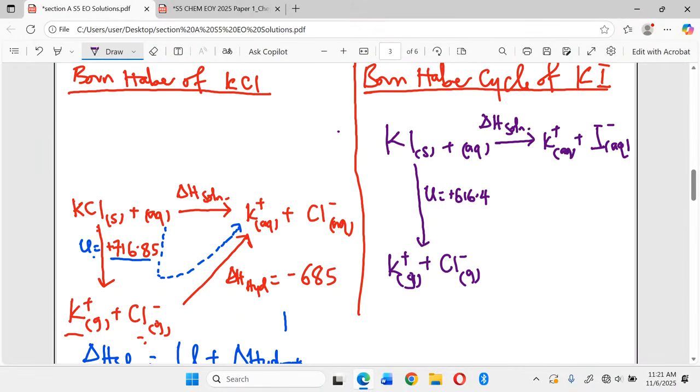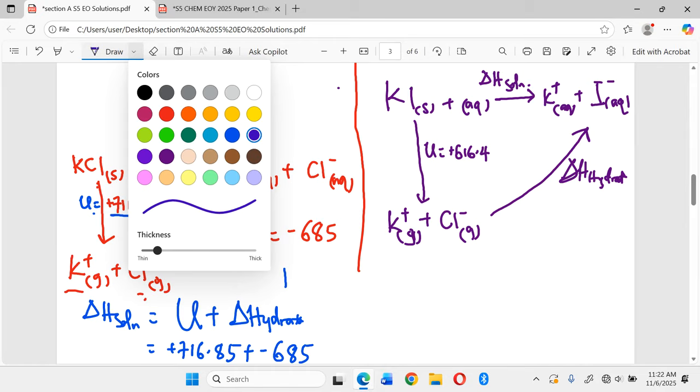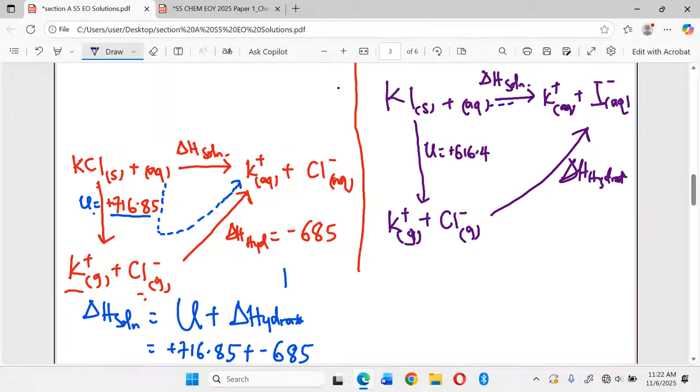6.4. Then from gaseous ions, it will be moving in this direction to form the one with enthalpy of hydration. So in this case we have the direct route here. This is our direct route, and then our indirect route will be that.